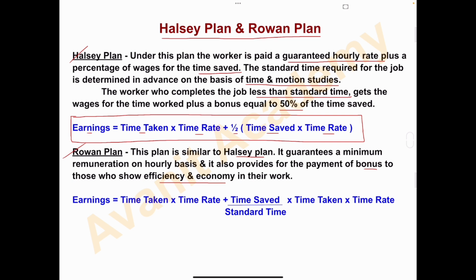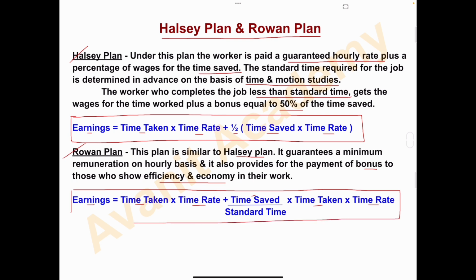Formula is earnings is equal to time taken into time rate plus time saved divided by standard time into time taken into time rate. So this is the formula to calculate earnings of the worker under Rowan plan. Next we'll solve a problem on Halsey plan and Rowan plan.